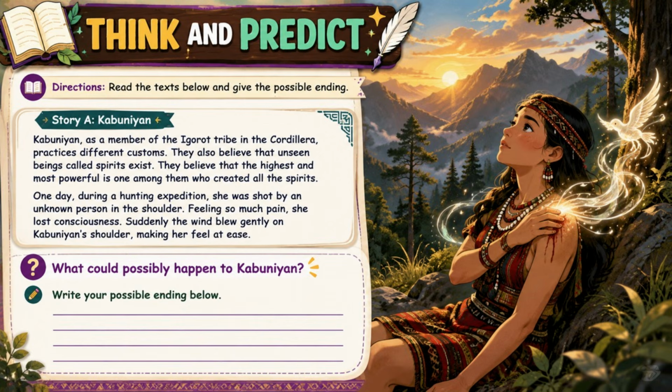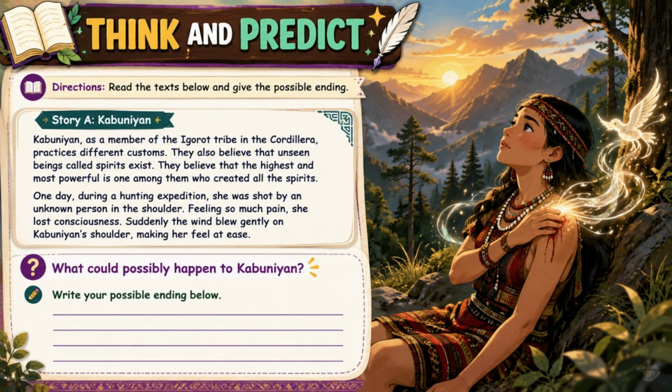Think and predict. Directions. Read the text below and give the possible ending. Story A. Kabunian. Kabunian, as a member of the Igorot tribe in the Cordillera, practices different customs. They also believe that unseen beings called spirits exist.